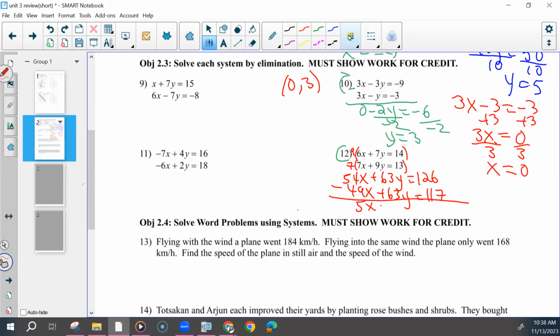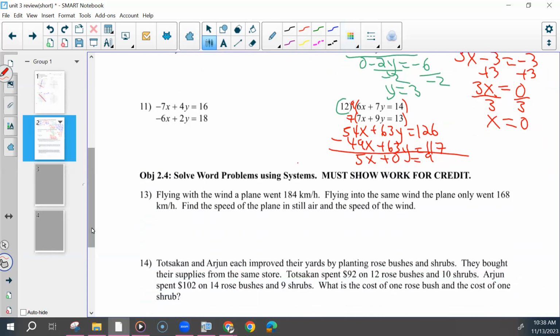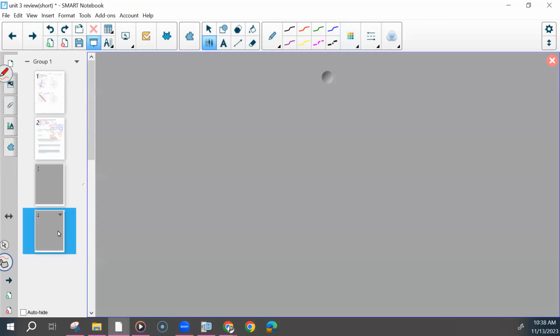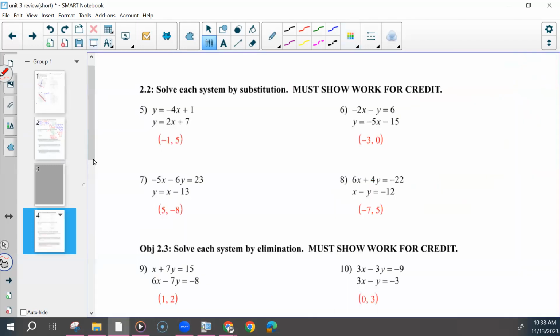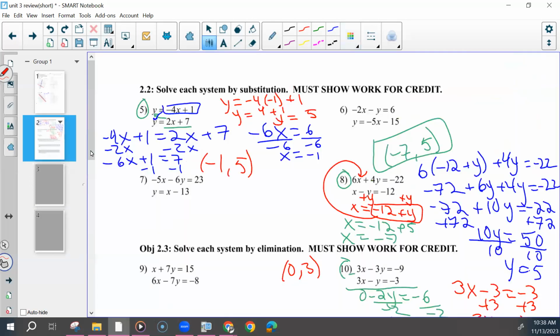The y's are just going to become 0. 126 minus 117. It's going to be a fraction. I don't remember if that was supposed to be a fraction. Something there is wrong.